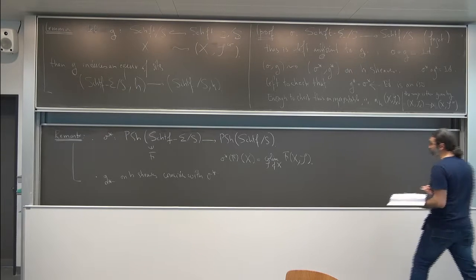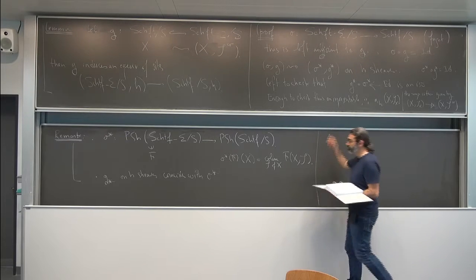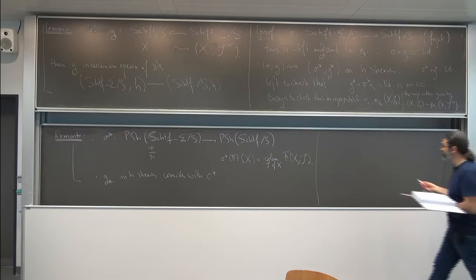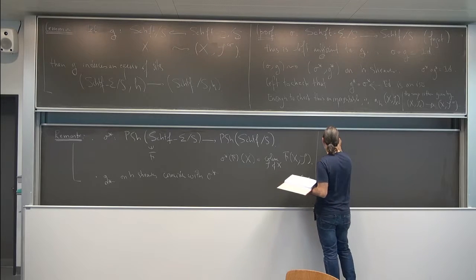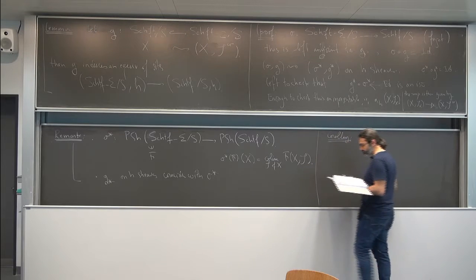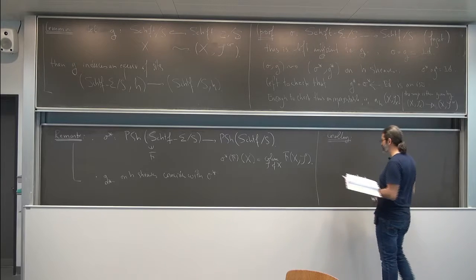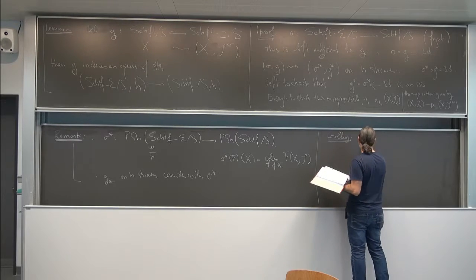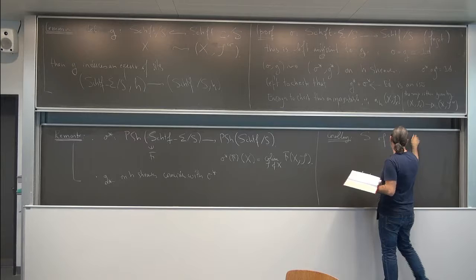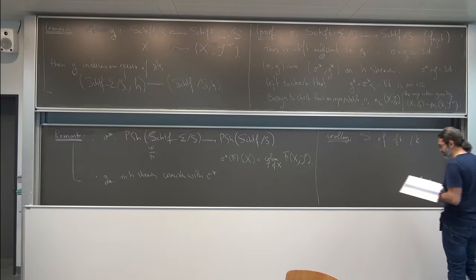Okay, so let me now just state the following corollary, which is really what we will use later. This somehow follows from the previous two lemmas. Again, S of finite type over a field of characteristic 0, say for simplicity.